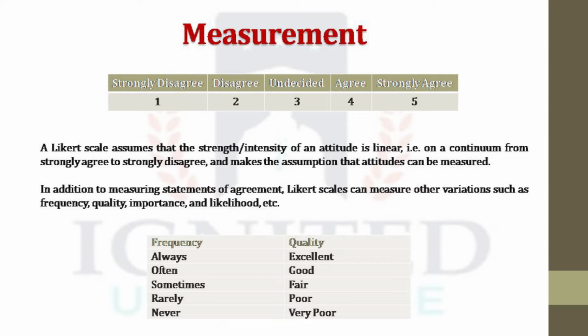This is again a Likert scale. And if you're going for quality, you can write whether this quality is excellent, good, fair, poor, very poor. This is also a 5-point scale and is measured in terms of Likert scale.